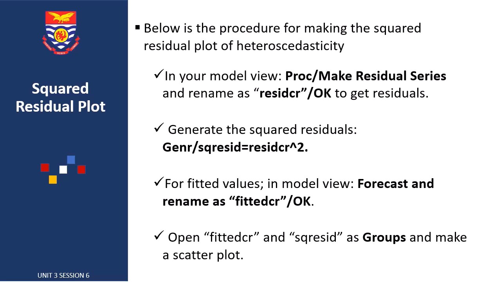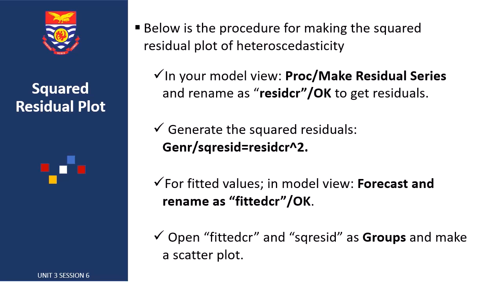So after you have done so, you rename this as resid_CR, because you don't want it to conflict with the other data that you have saved in the eViews application. Then you click OK. This is for the first plot that we saw, because it was for the absolute residuals. But for the second plot that has to do with the squared residuals, you have to square the same resid_CR. For fitted values, in that model view, you forecast and rename this as fitted_CR.